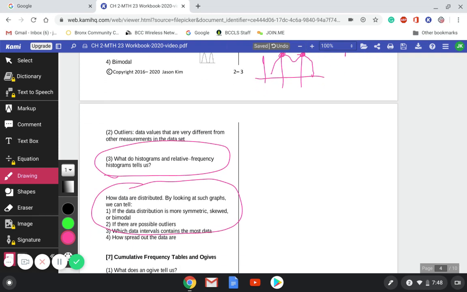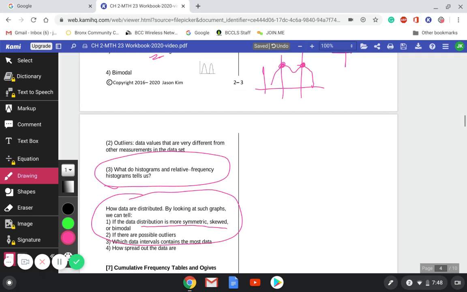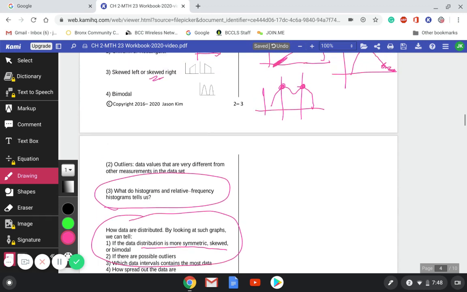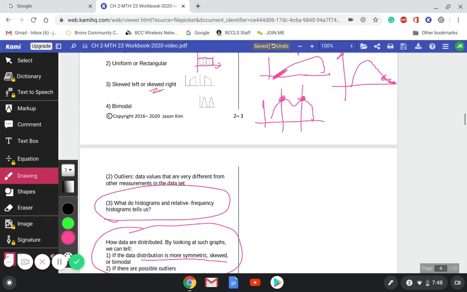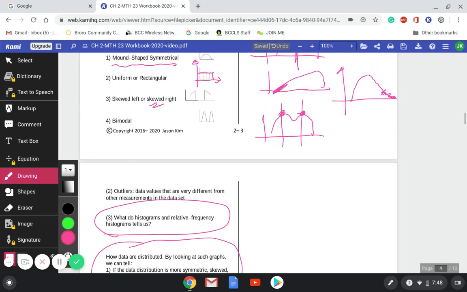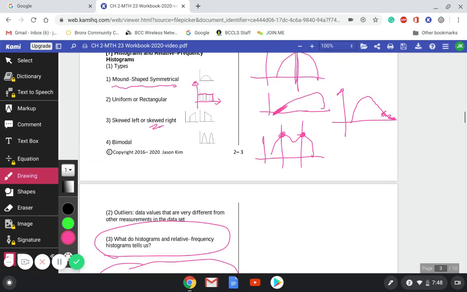Is the distribution symmetric, skewed or bimodal? Is there an outlier? Which data interval contains most of the data? Where is most of the data, and how does the data spread out? Like a picture gives you 1,000 words. That's why we are doing histograms.